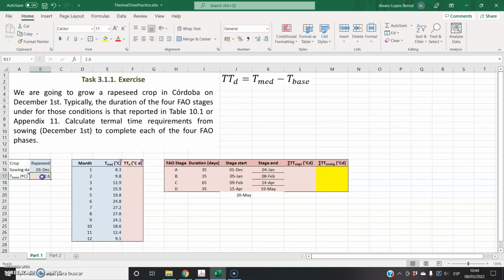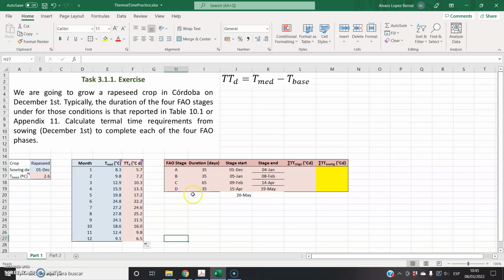So with this base temperature, on an average day of January, we will be accumulating 8.3 minus 2.6 degree days. And we can apply this formula to the 12 months.